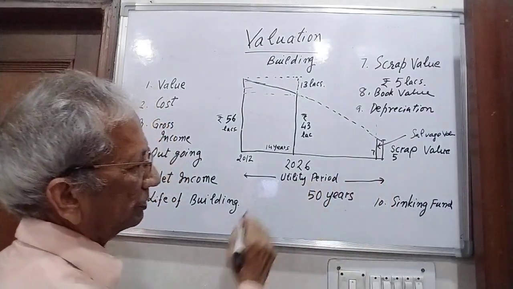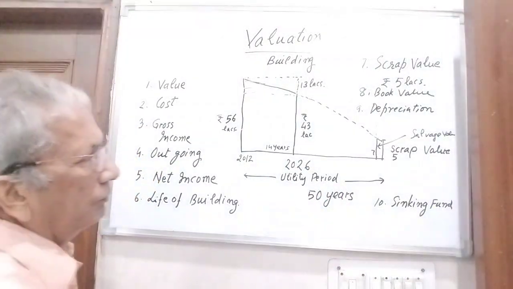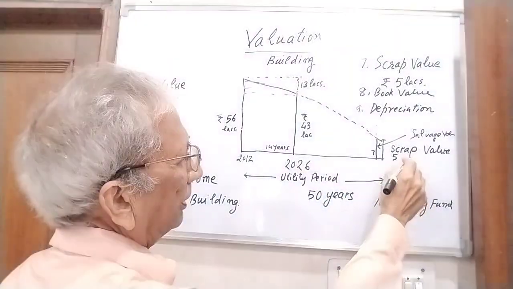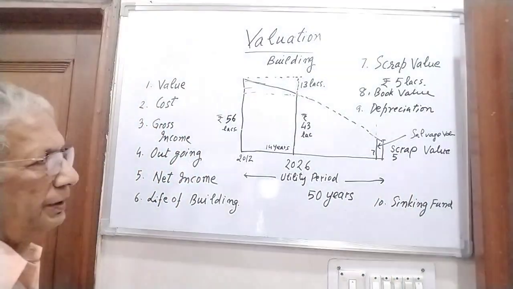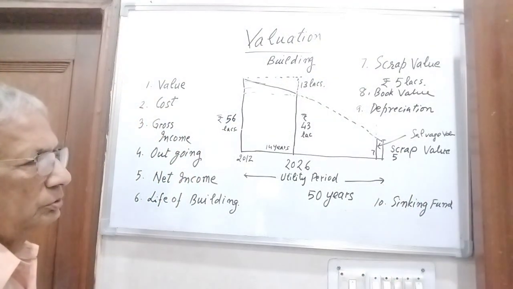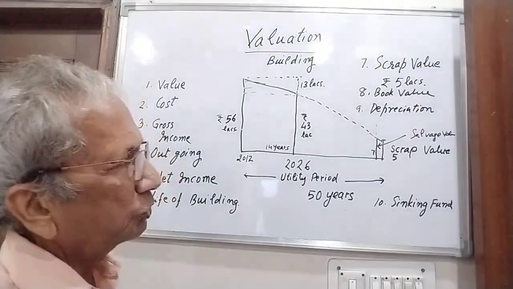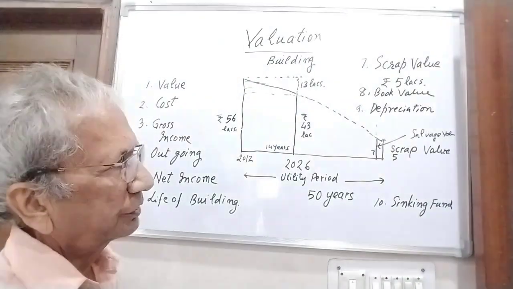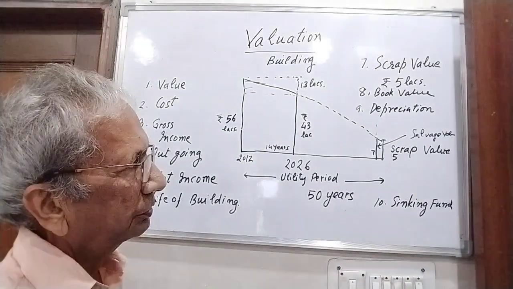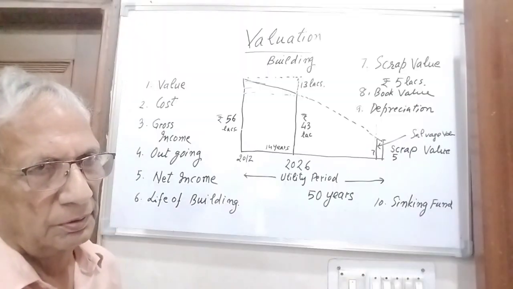Suppose after 50 years, after utility period, we have dismantled a building and get scrap value as 5 lakhs. But to construct a new building, we require, suppose 50 lakhs. We required 55 lakhs, for example. Then from where 50 lakhs rupees we will get.